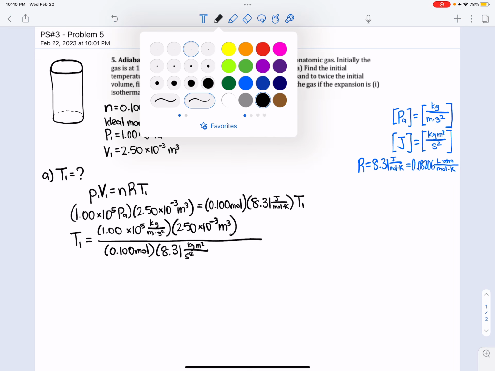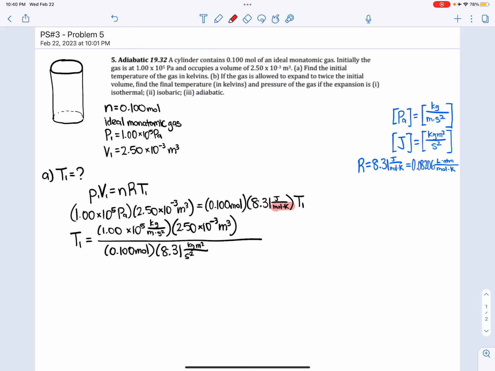I won't forget my units of mole times Kelvin in the denominator. Then I can cancel out units and plug it in my calculator, and I find that my initial temperature is equal to 300.84 Kelvin. That is my answer for part A.